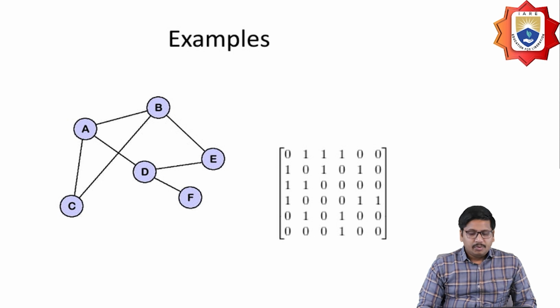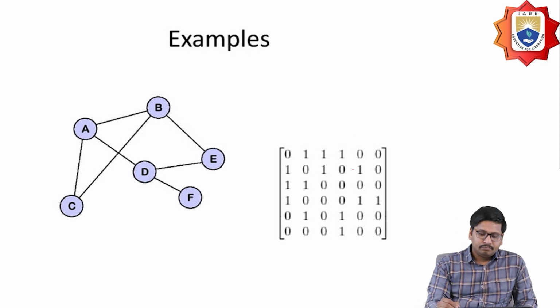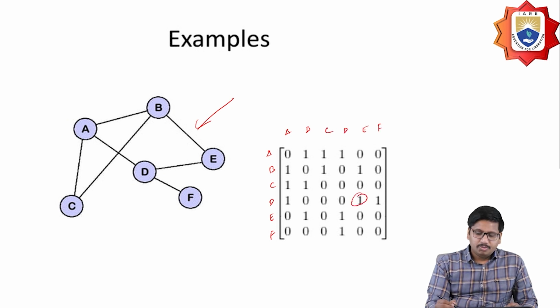And the next example is that, take a graph like this. So in this graph, what are the edges? A, B, C, D, E, F, and similarly I note it as A, B, C, D, E, F. So how should this be 1?